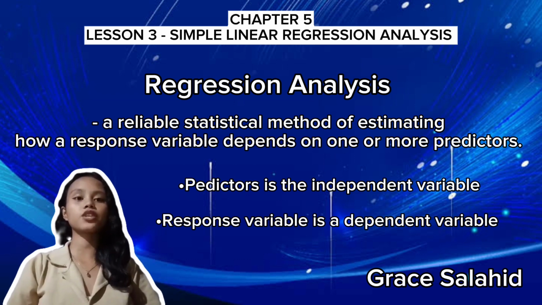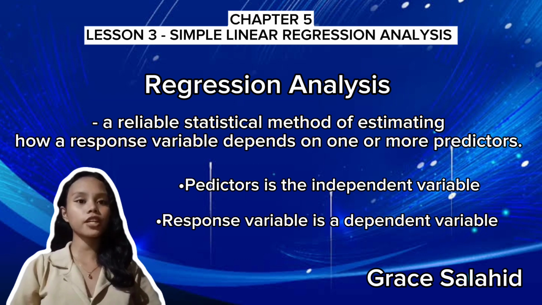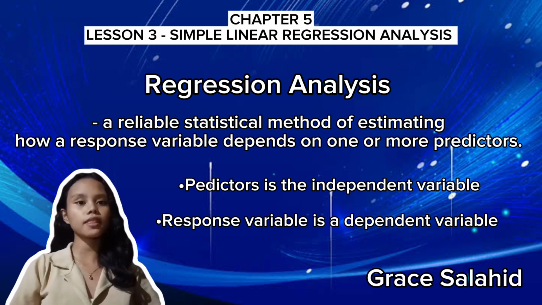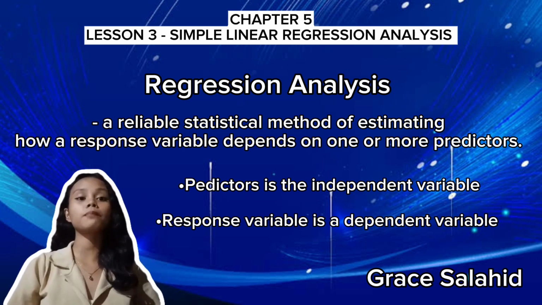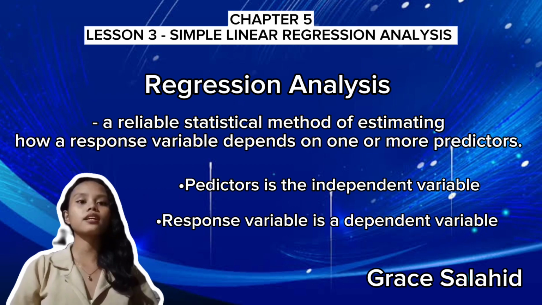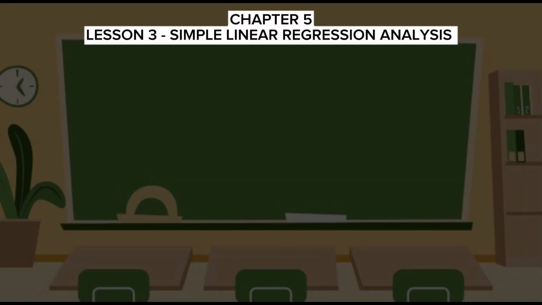Regression analysis is a reliable statistical method of estimating how a response variable depends on one or more predictors. So we use regression analysis if we want to estimate the possible effect of the independent variable on the dependent variable. The predictor is the independent variable, while the response variable is the dependent variable.